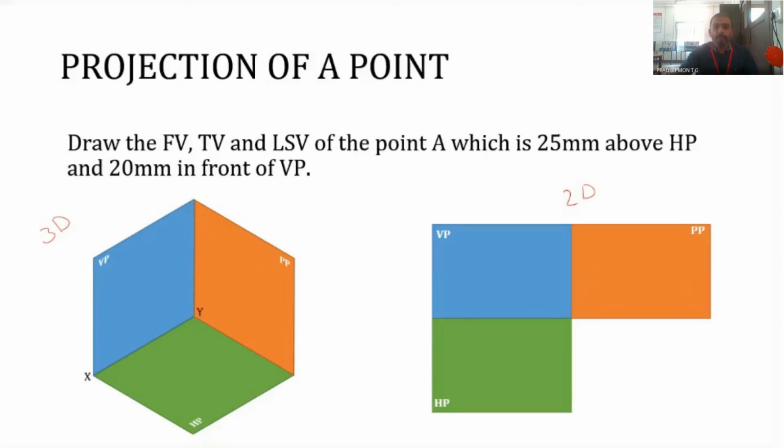Now, this line is the XY line, the line of intersection of VP as well as HP. That particular line can be extended to the line of intersection of profile plane and HP also. Up to here it is our actual XY line, but this line is going straight.